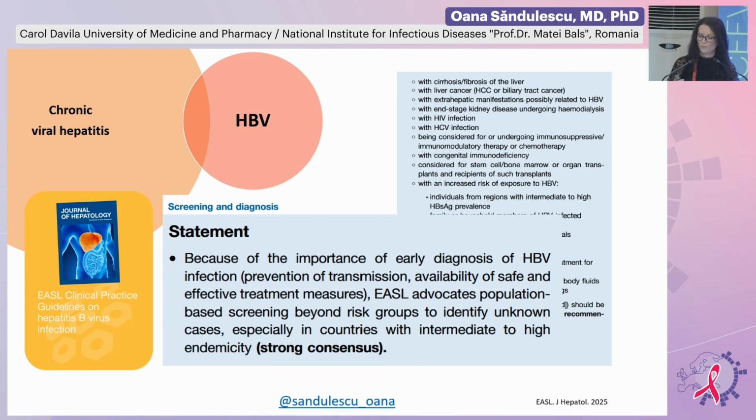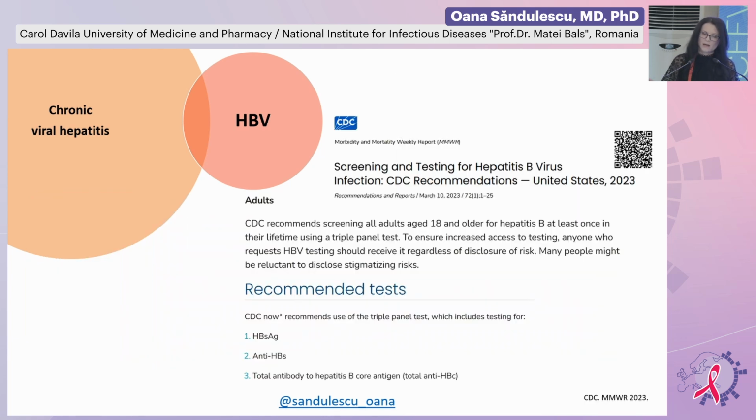This is in line with what the CDC in the US did in 2023 when they opened up screening, recommending screening of all adults aged 18 and older for HBV at least once during their lifetime. Those who remain at risk of acquiring it, be it behavioral or occupational risk, can be rescreened on a yearly basis, or as often as needed. So test everyone at least once.